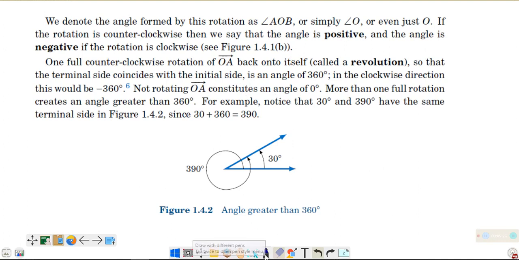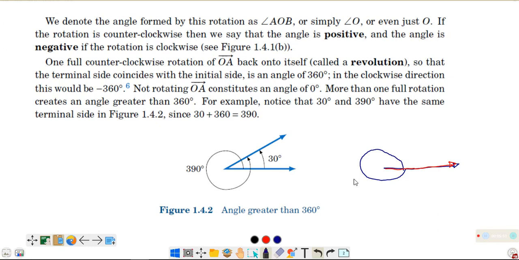So kung makakabuo ka ng isang buong circle, ito yung initial side natin, nakabuo ka ng isang revolution such that your initial side will also coincide with your terminal side, or your terminal side will coincide with your initial side.